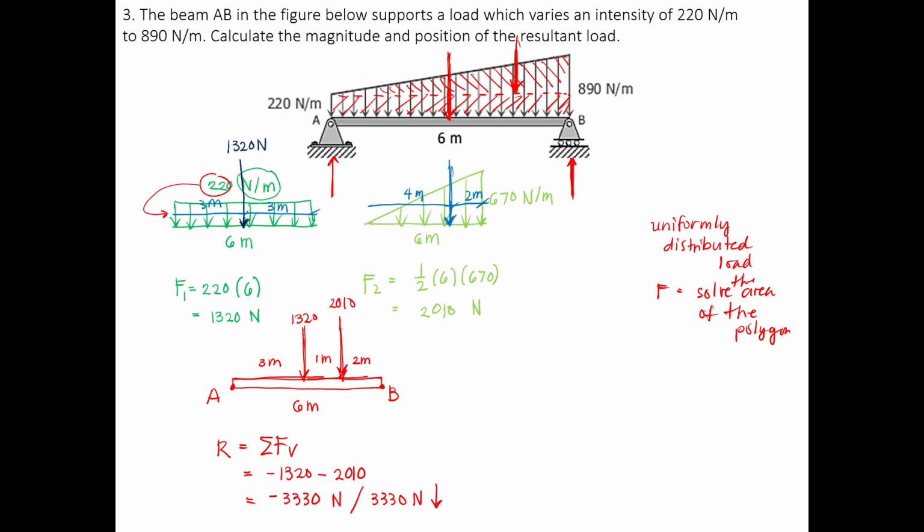So next, we need to determine the moment about a certain point. It depends on you where you want to create the moment. It doesn't matter because it will give us the same answer. But as long as when you get the moment with respect to the resultant force, it should be consistent that it's always from the same point.